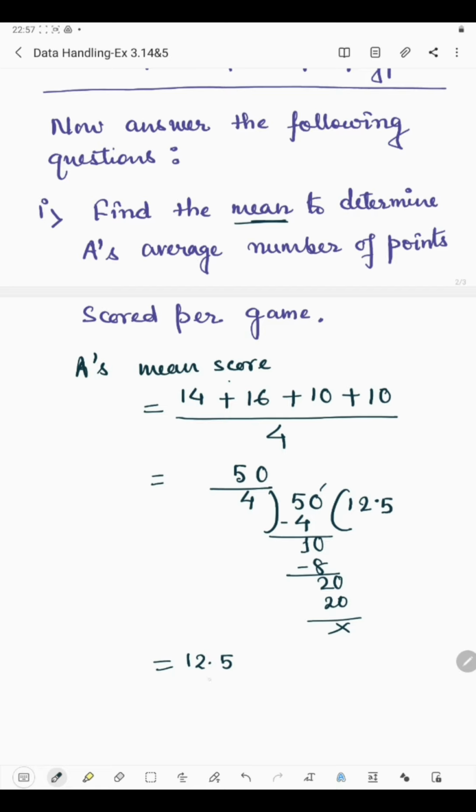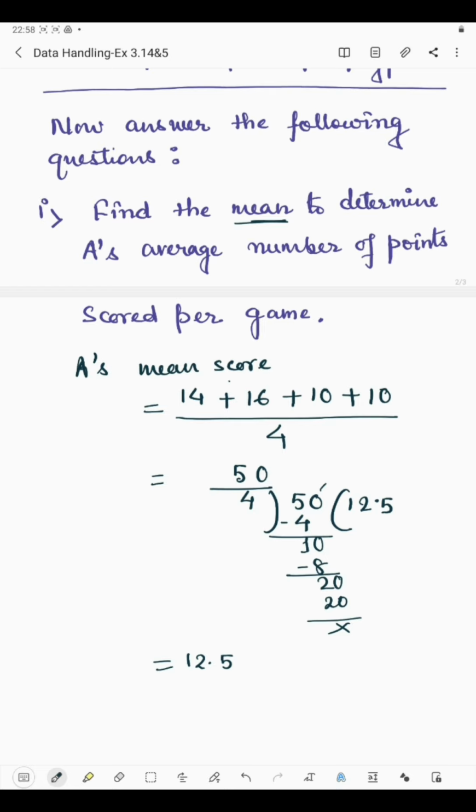Now what does it mean? That means player A scored 12.5 per game. It means if you find the sum of all these scores and make it equal, then in each game he scored 12.5. So this was the answer of the first part.